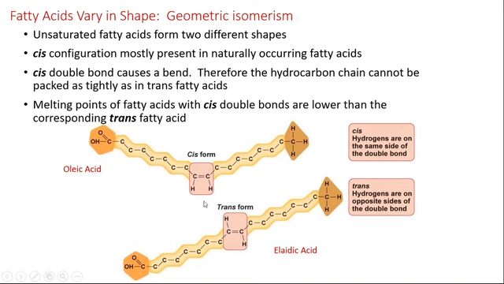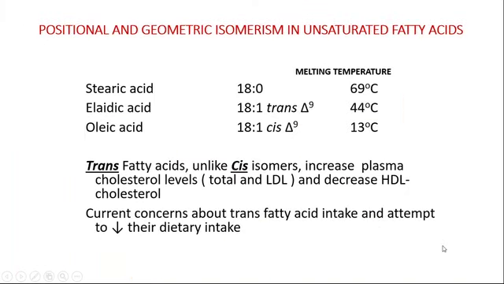And the melting point of fatty acids with the cis form is much lower than a similar fatty acid with the trans form. And you will see this in this slide, where it shows three fatty acids, all having carbon 18. You have stearic acid, which is a saturated fatty acid without a single double bond, and you see the melting point is 69.